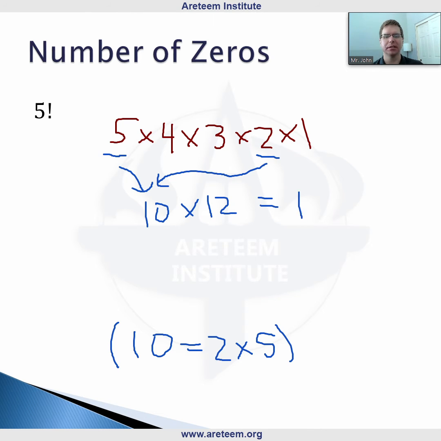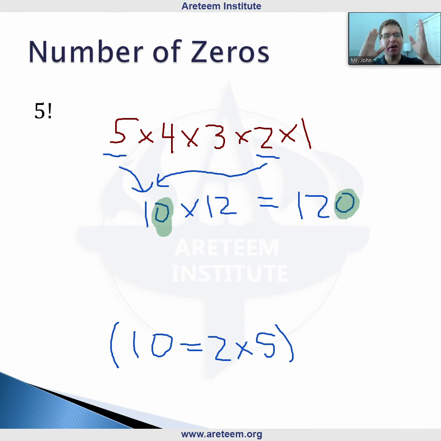And so this gives us our 120. But more importantly for the number of zeros, as soon as we see that 10, as long as we extract all the powers of 10, we will know how many zeros show up at the end of the factorial. So that's our key strategy here.